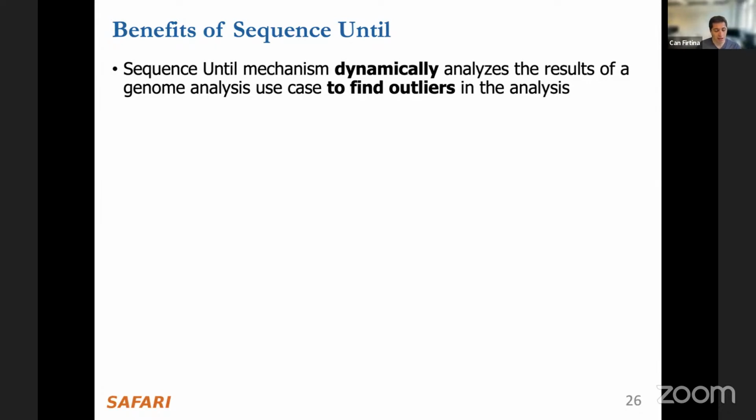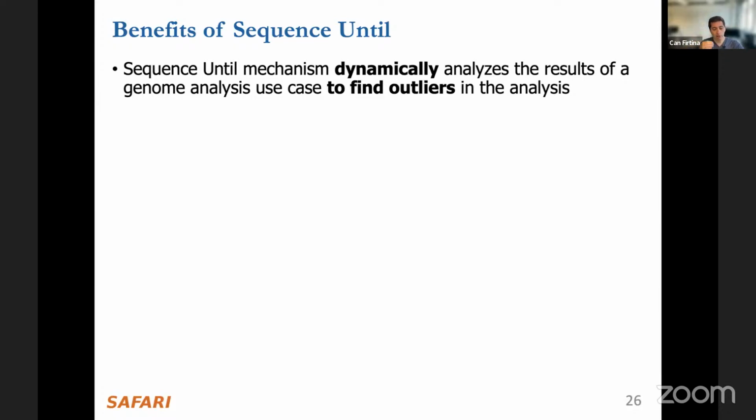And what we do is that after sequencing a certain amount of reads, we generate the relative abundance estimations, and then we try to identify whether the relative abundance estimation that we generated at a particular moment is an outlier compared to the previous estimations that we generated in the previous steps.